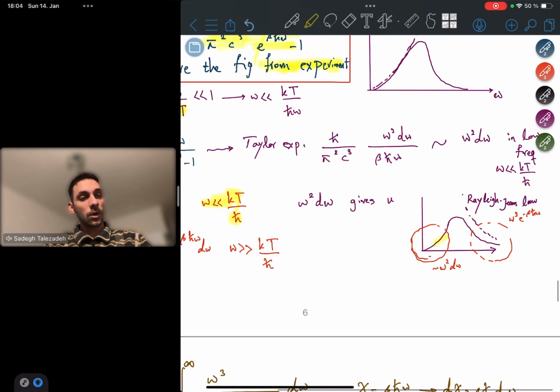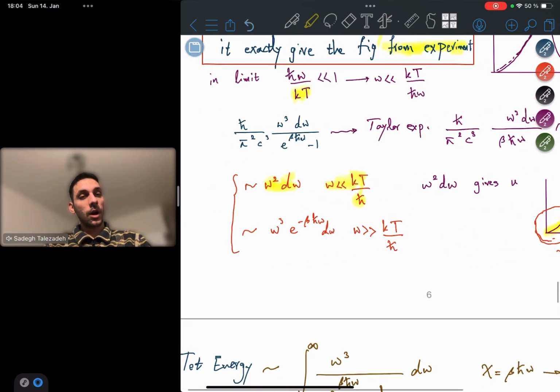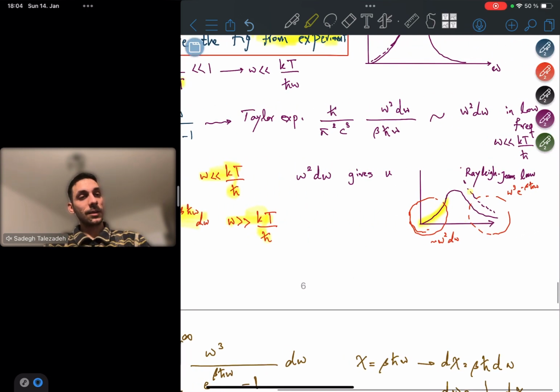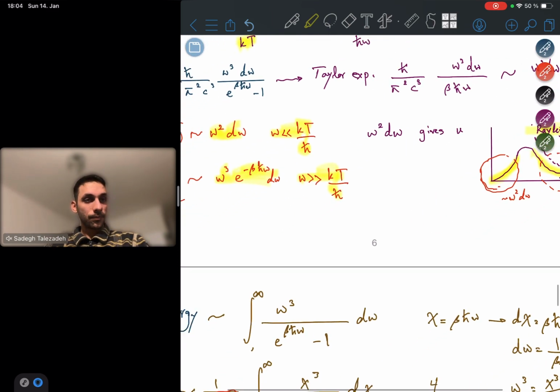So in this part, we have an omega squared shape. And how about higher frequency? We have this behavior, which exactly fits with our function here. And it is a very well known law, it's called Rayleigh-Jeans law.